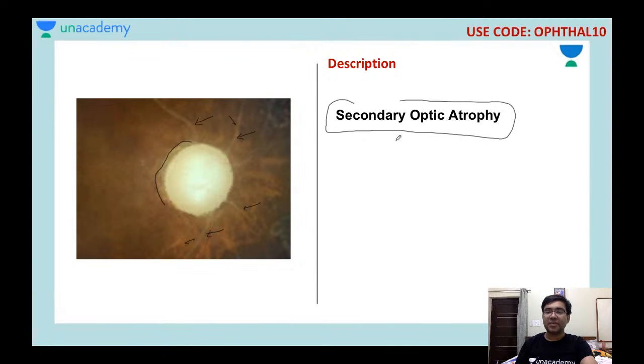Okay, so remember, secondary optic atrophy is post retinitis pigmentosa or post vasculitis or any post intraocular disease which can cause a chalky white disc, and you have the arteriolar attenuation as well as the sheathing in the blood vessels. They are called the secondary optic atrophy.